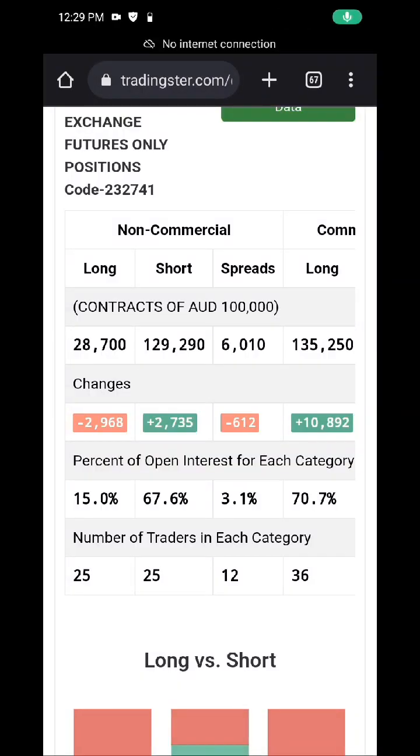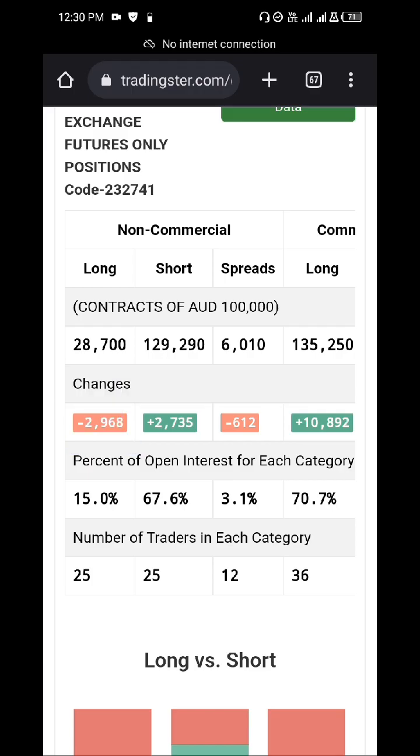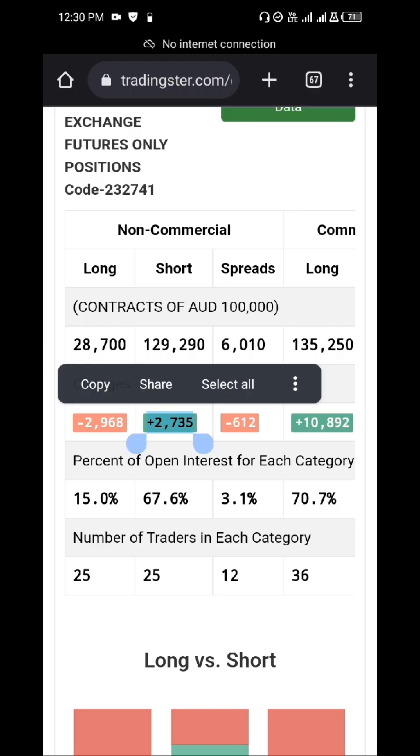So let's go to the commitment of traders. In terms of commitment of traders, let us see how the large institutions have positioned themselves in the market. You can clearly see that they closed 2,968 long positions and they added 2,735 short positions.